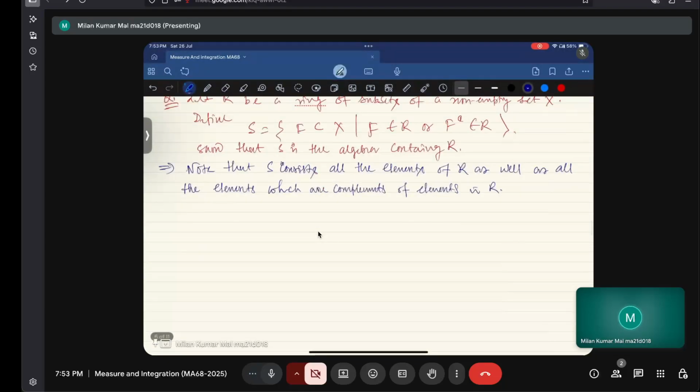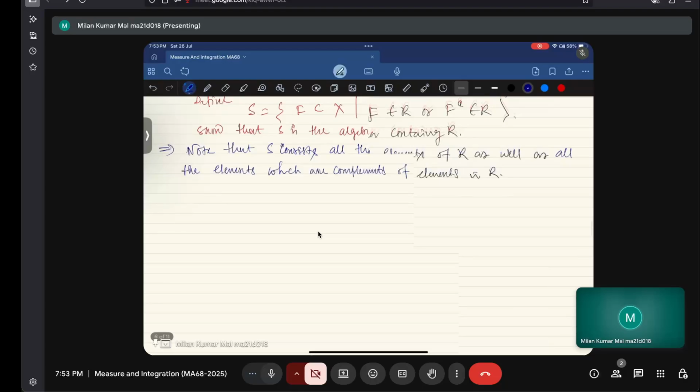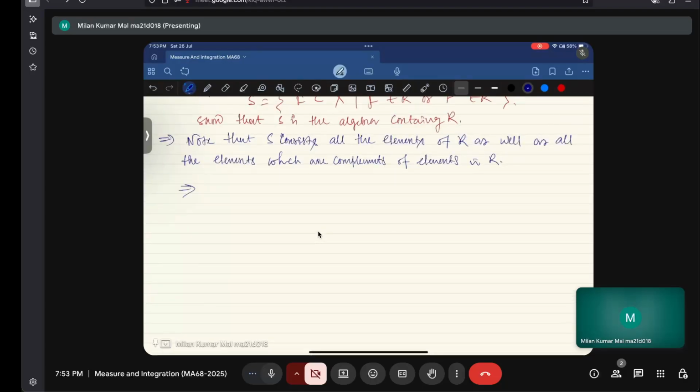First of all, S is an algebra, and this is the smallest algebra. So let's check whether S is an algebra or not. First we show that S is an algebra.